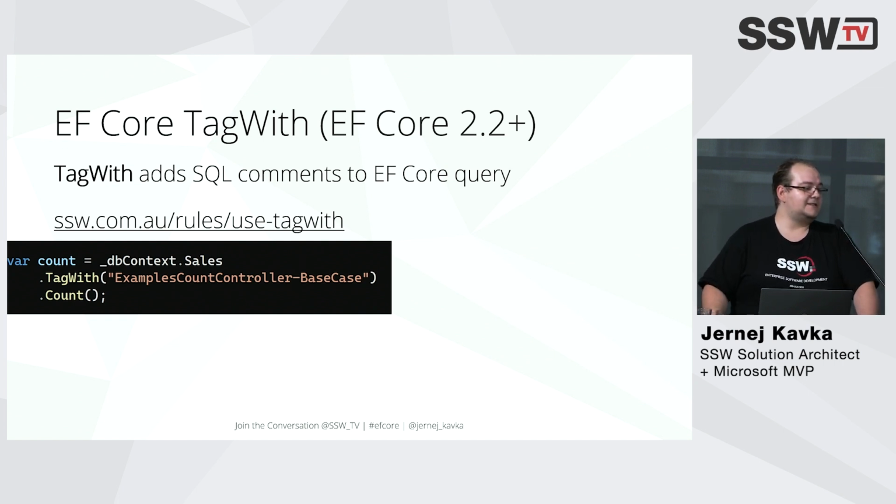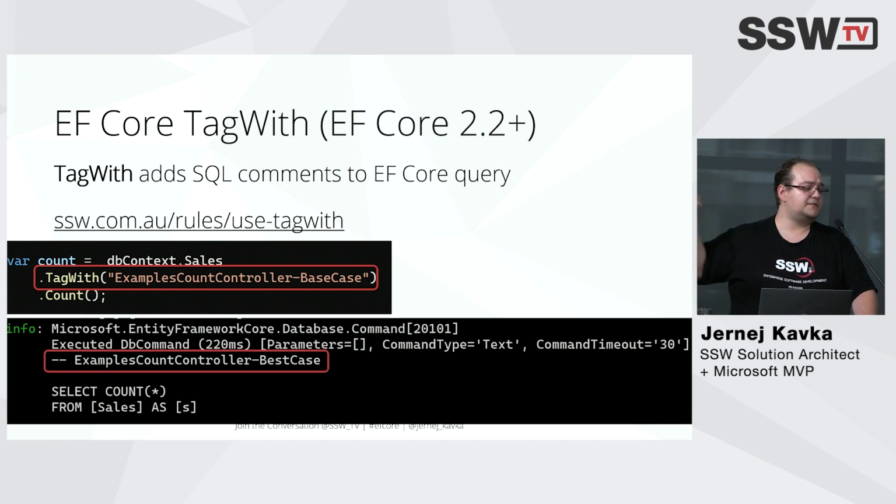What this does is we can call this method and add some additional string, which is going to be added to the SQL query. Now, this is going to be visible even in SQL Profiler. It's going to be visible in application insights.